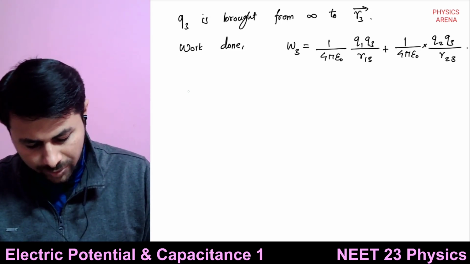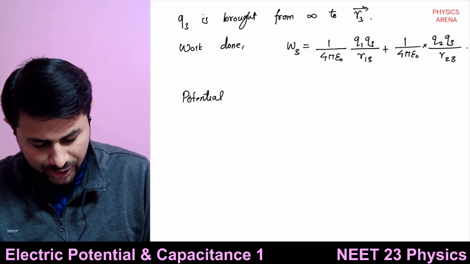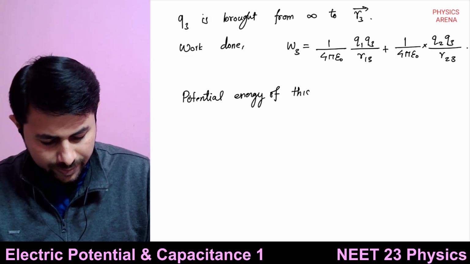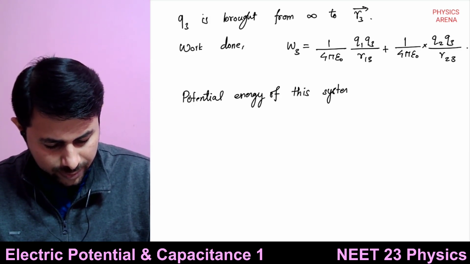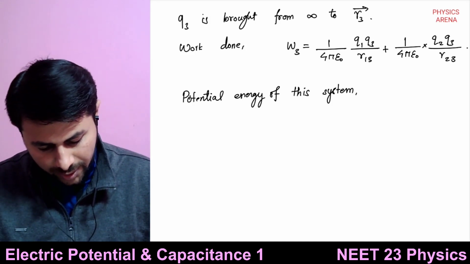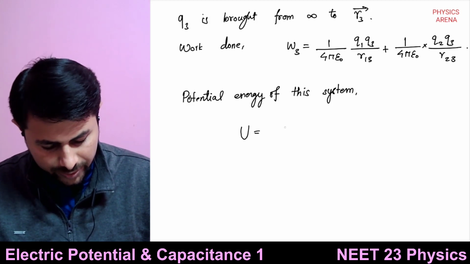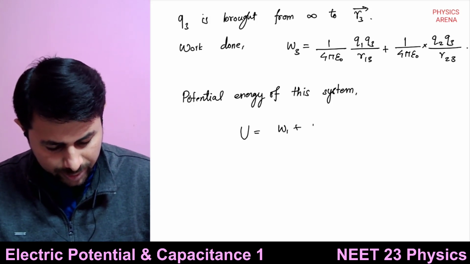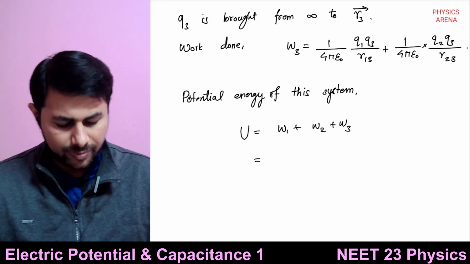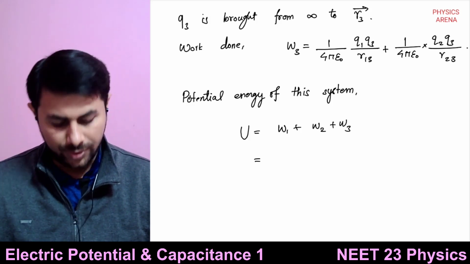So how much would be the potential energy of the system? Let's denote it by U. So U is equal to W1 plus W2 plus W3: work done to bring charge Q1 plus work done to bring charge Q2 plus work done to bring charge Q3.